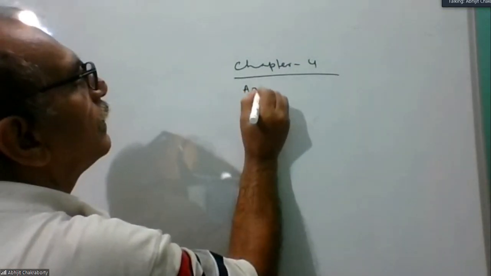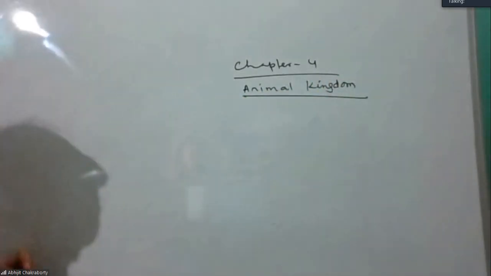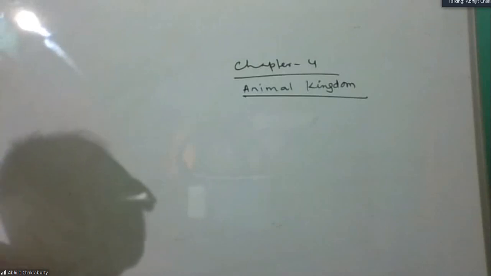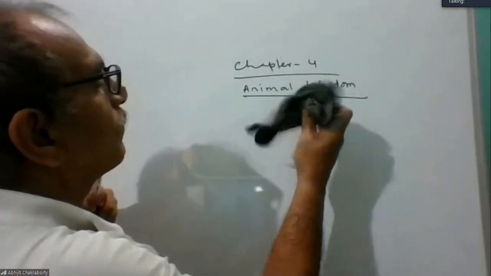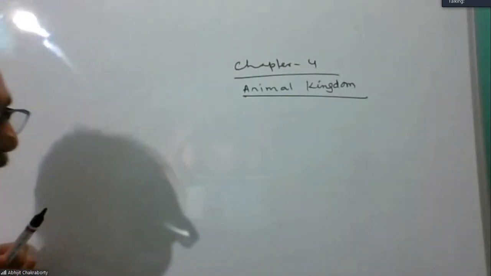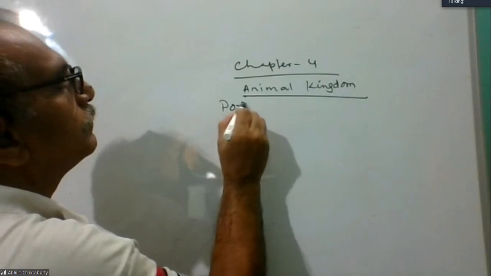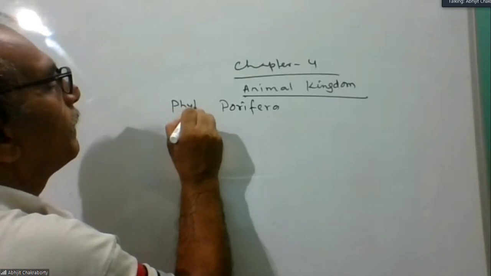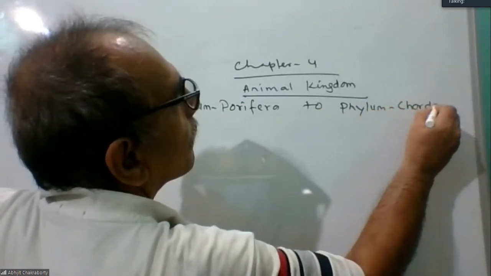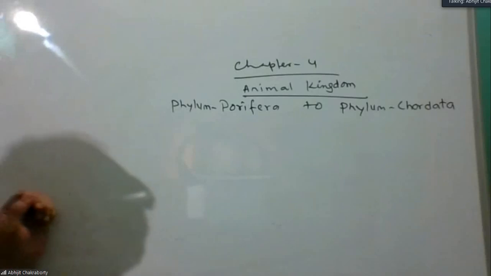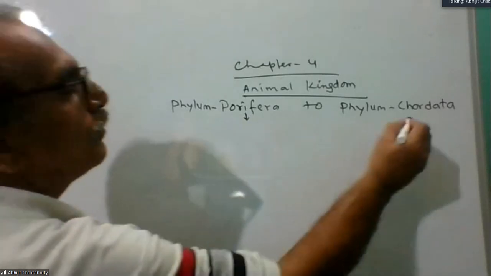Is the animal kingdom. Animal kingdom basically is from phylum Porifera to phylum Chordata.